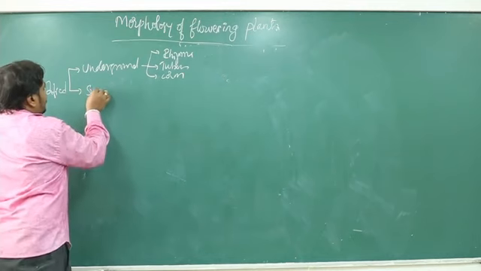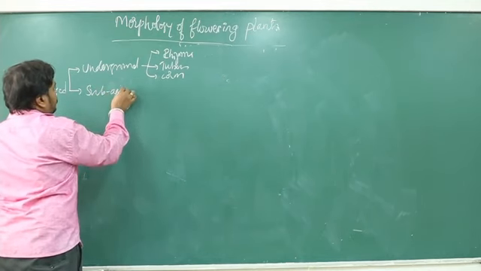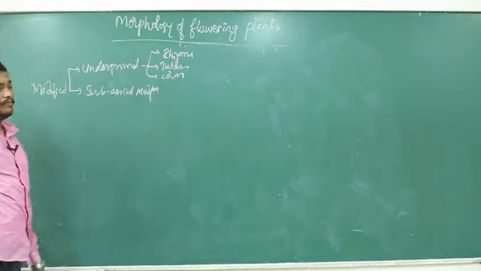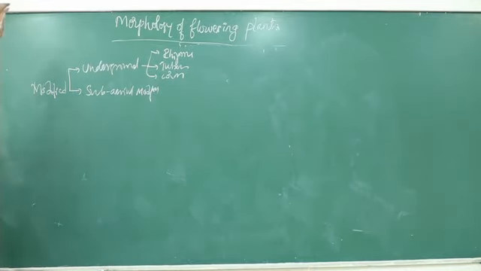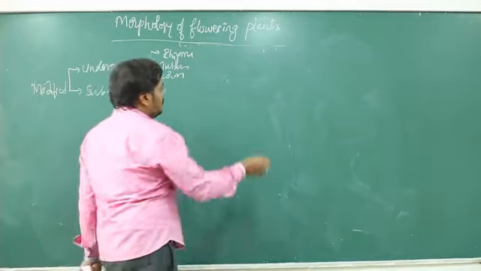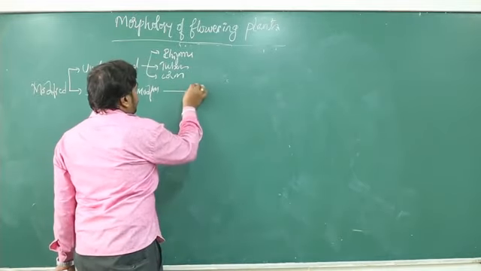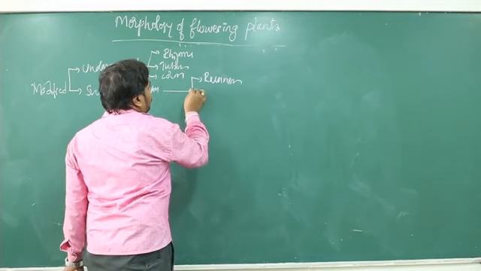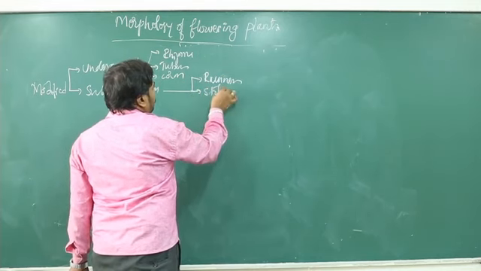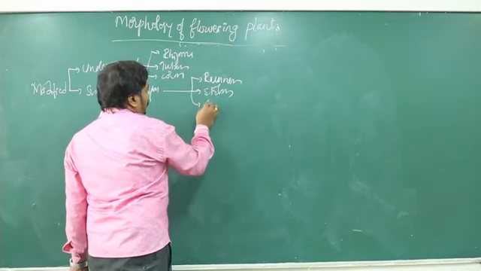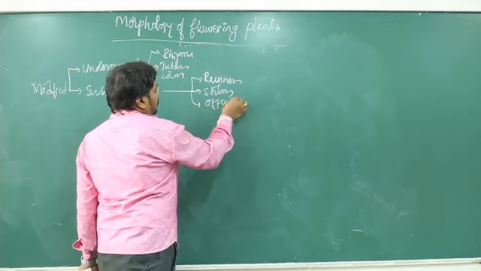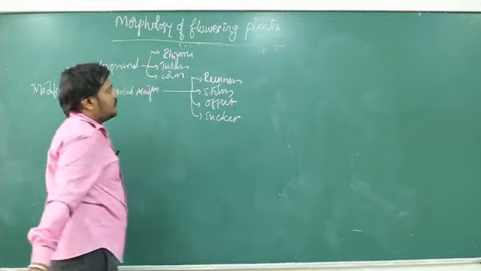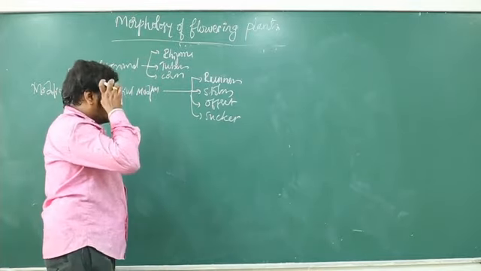Then come to subaerial modification. Subaerial modification is just above the soil. This subaerial modification can be further classified into runner, stolon, offset and sucker.